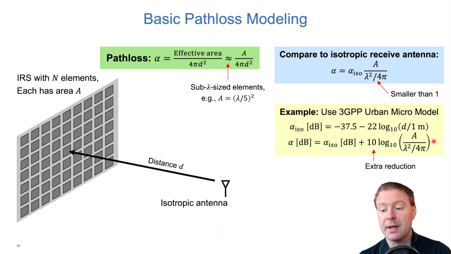And this is typically a negative number because this is smaller than 1. So we can use all of the different path loss models that you find in literature as long as we are compensating for the receive antenna or the element sizes here.